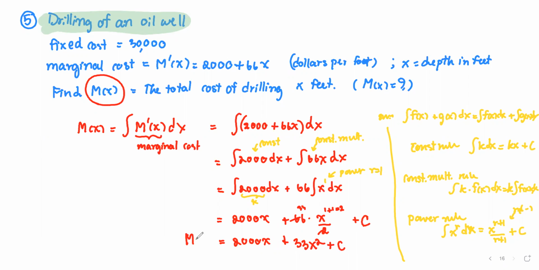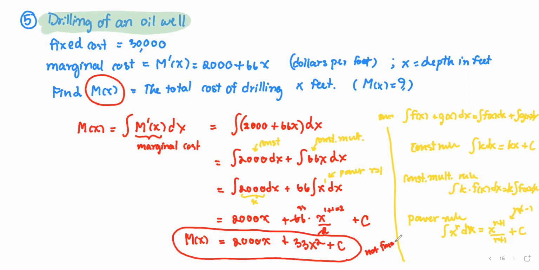So this is the cost function, or the total cost, with the constant of integration. This is not the final answer yet. So we're going to find c. I'm going to use the space here to find the c. Next step, we're going to find the c by using the fixed cost. What does the fixed cost mean?